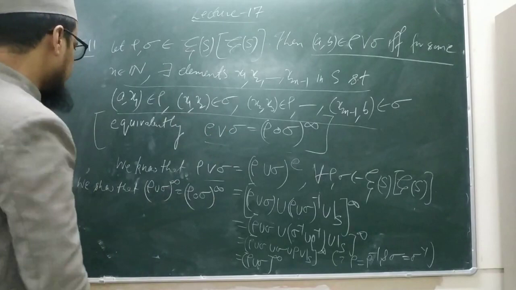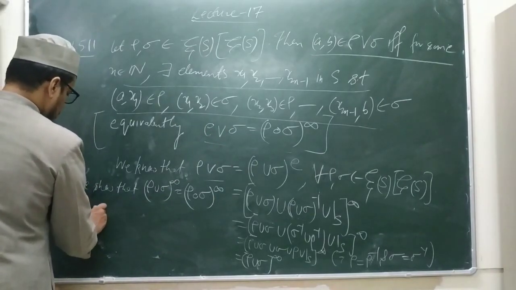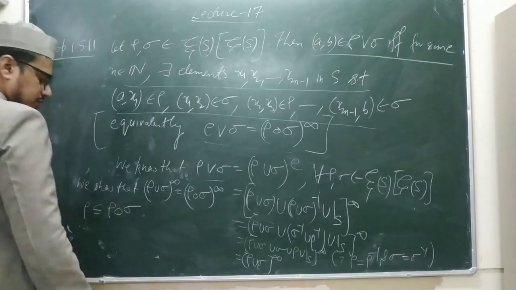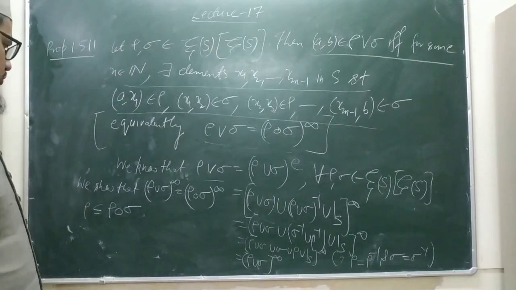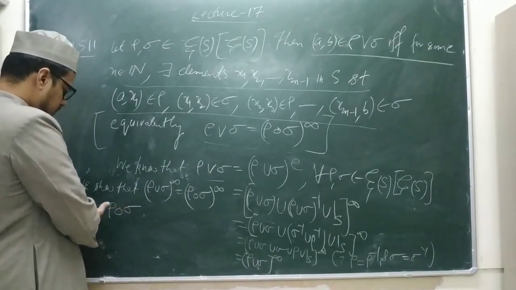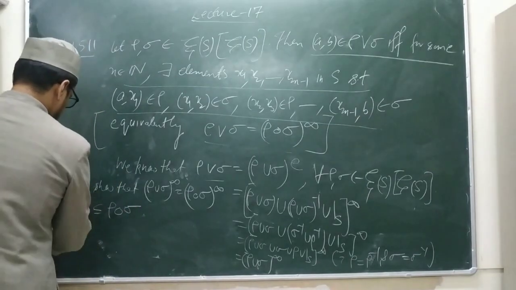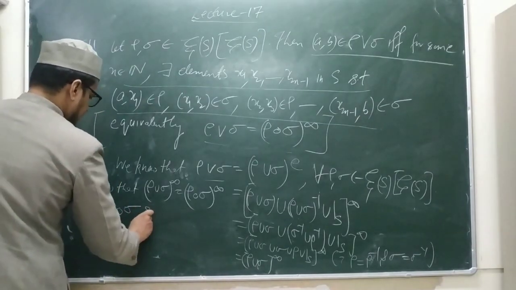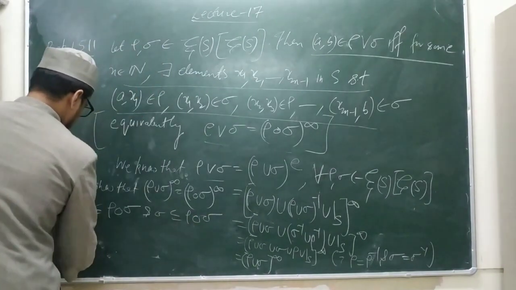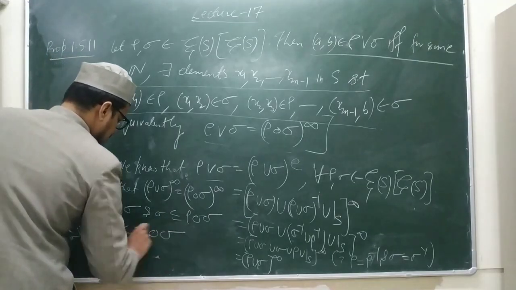Correct? Now you see, rho is contained in rho composition sigma. It's obvious, isn't it? It's trivially true. And sigma is contained in rho composition sigma, therefore rho union sigma is contained in rho composition sigma.